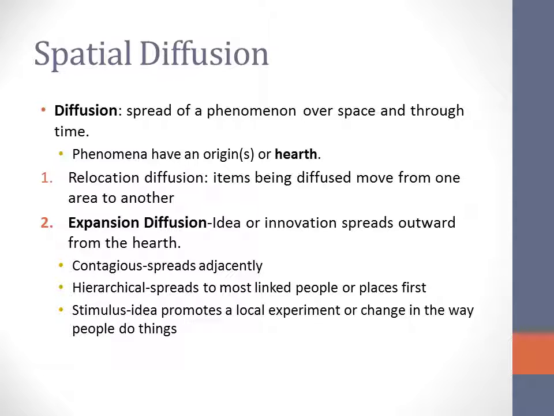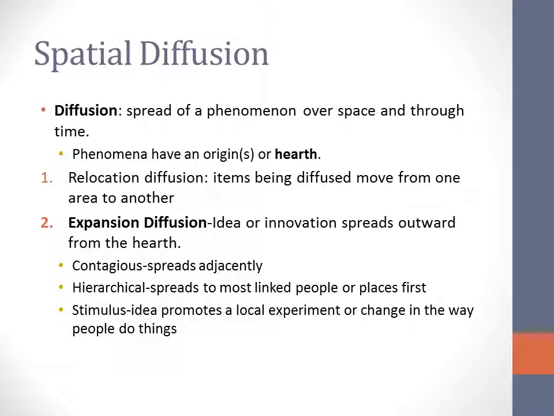Phenomena could be ideas, innovations, products, new technology, culture traits, and contagious diseases, among other items. Each phenomenon has an origin on Earth, or a hearth. Where did this phenomenon begin? Who or where and why did it originate?